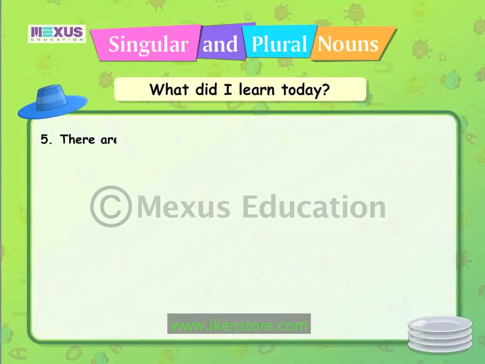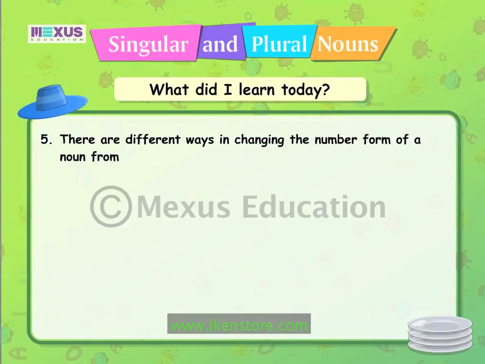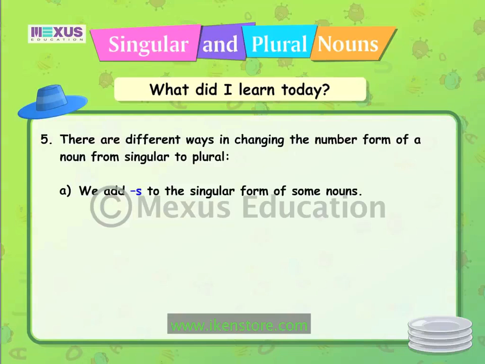There are different ways in changing the number form of a noun from singular to plural. We add s to the singular form of some nouns. For example, plant and plants.